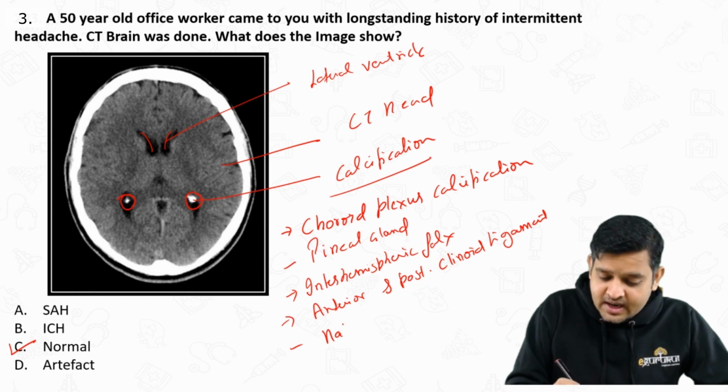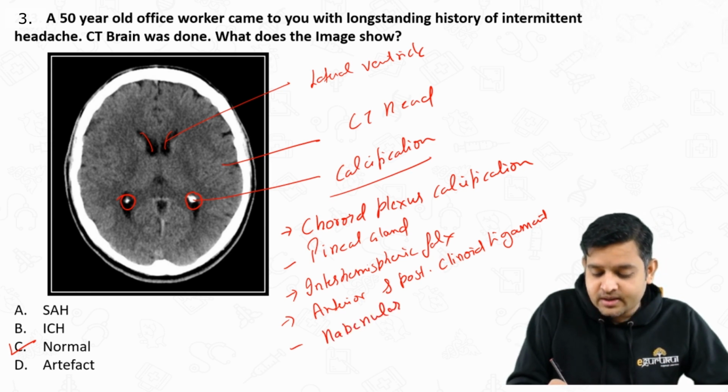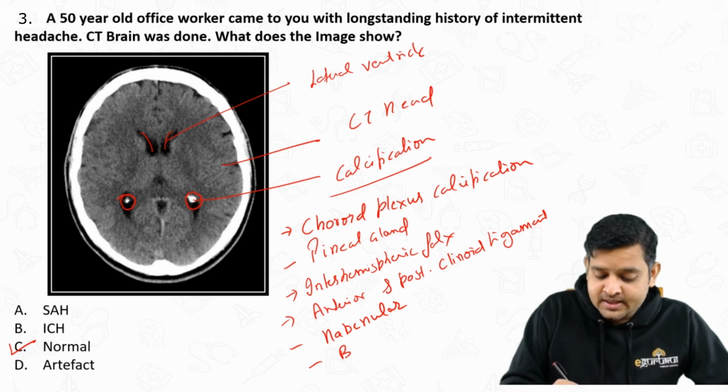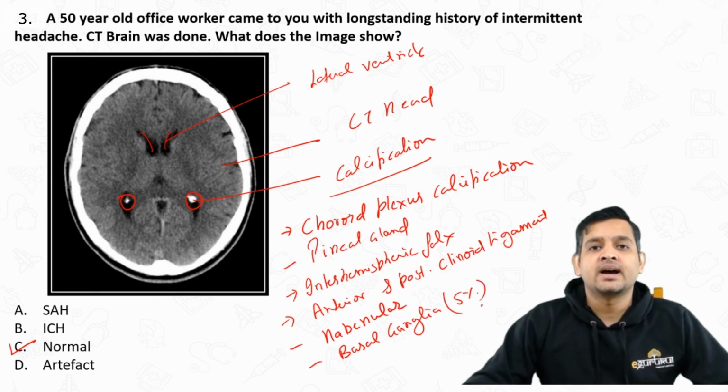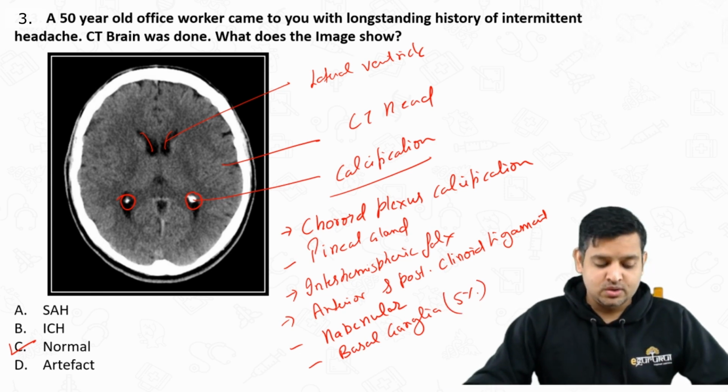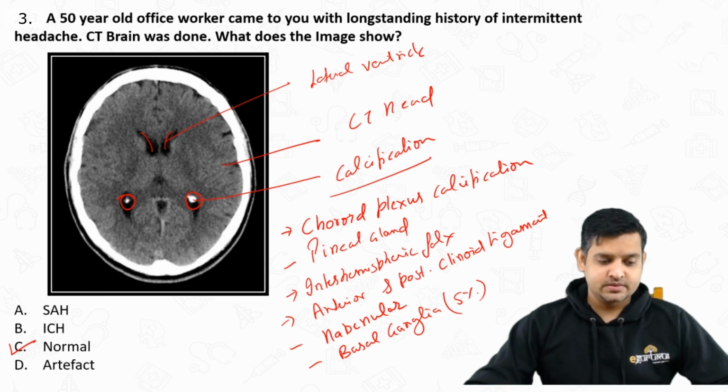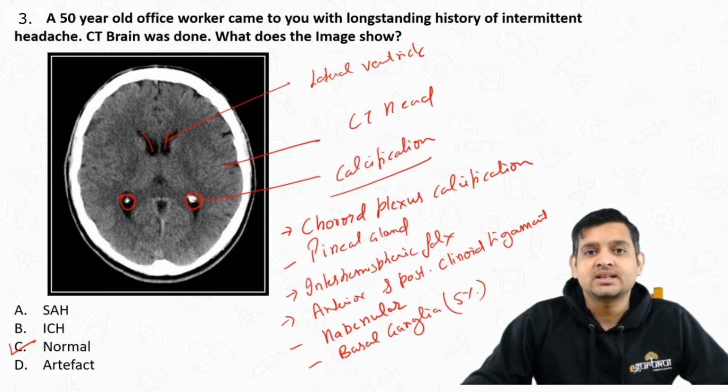Then there is a small gland anterior to the pineal gland, which is habenular, and basal ganglia in 5% of the population. Basal ganglia in 5% of the population is also an important site of calcification. Okay, so please remember, this is nothing but normal.